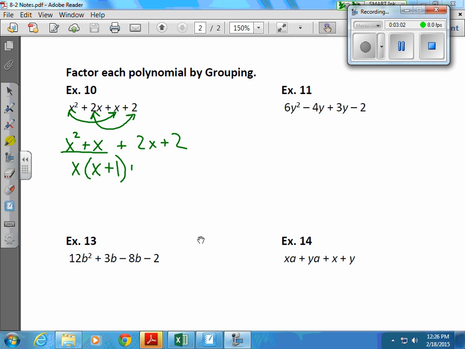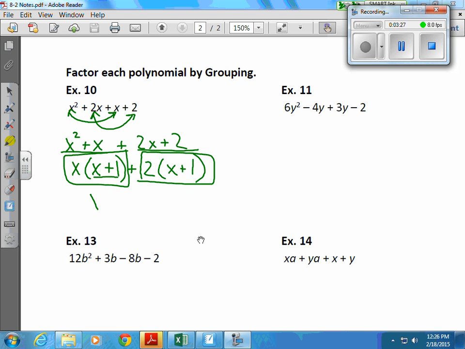And then I'm going to add to that what I get when I divide out a 2 from both of those terms. So now both of these two terms have an x plus 1 in common.